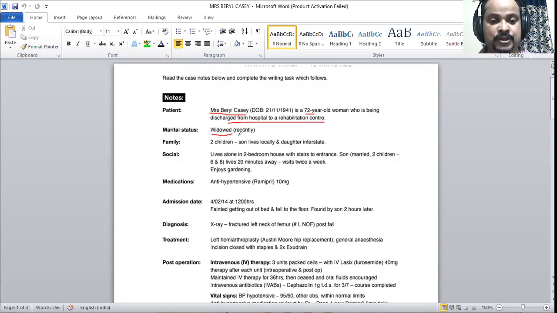She's widowed, has 2 children, lives locally, and the granddaughter is interstate. Son lives locally and daughter interstate. So that's, I think, not right. No, she lives alone.